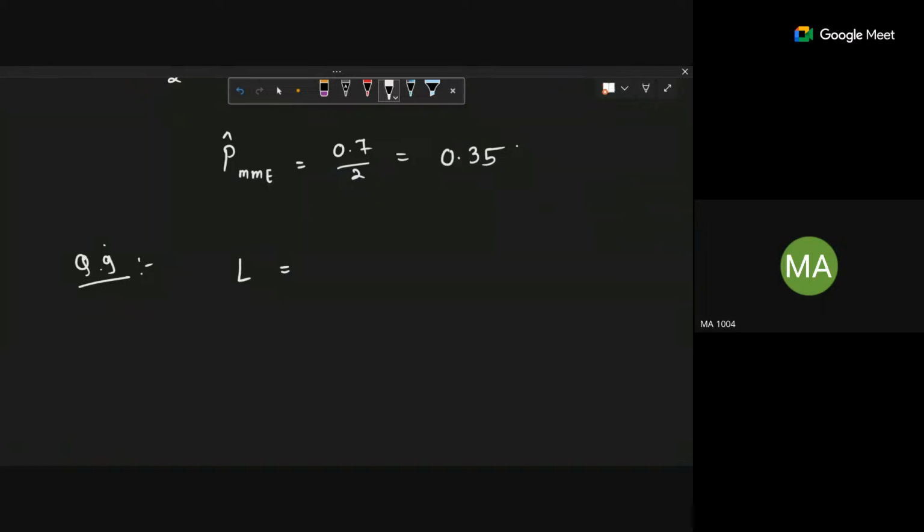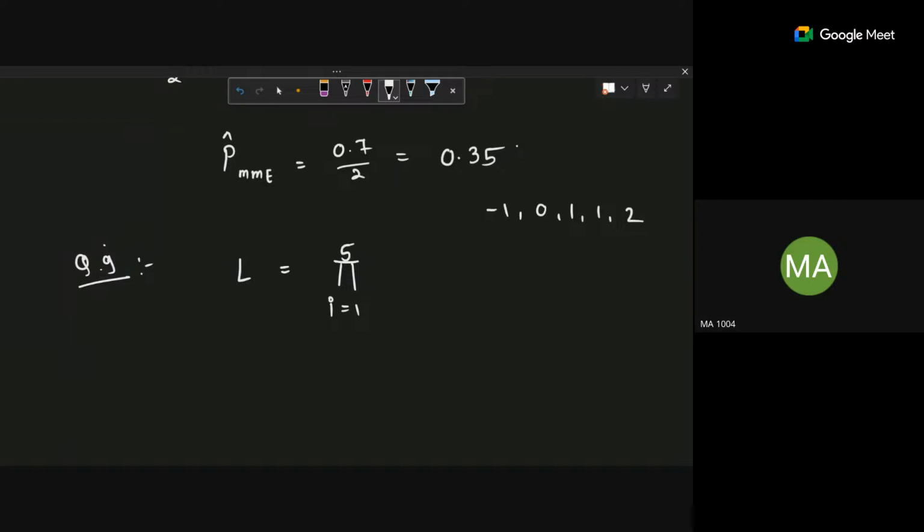The likelihood function is nothing but the product of the PDFs of all your samples. How many samples do you have? 5. Your sample has taken the values -1, 0, 1, 1, and 2. That means you have 5 samples.